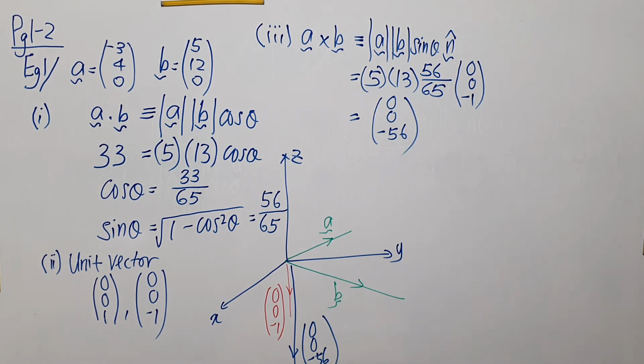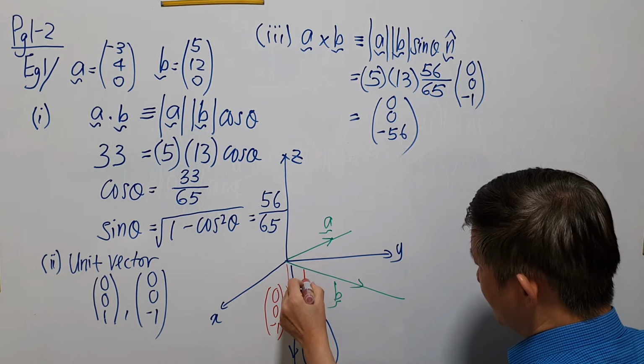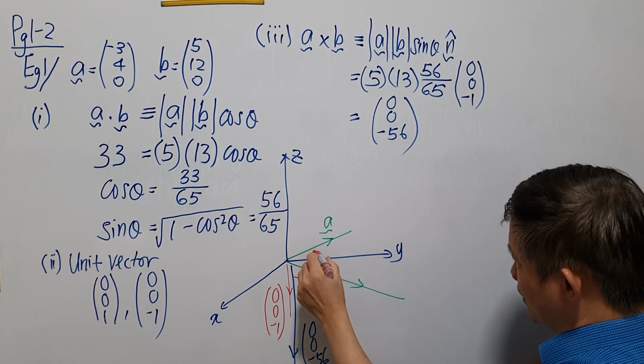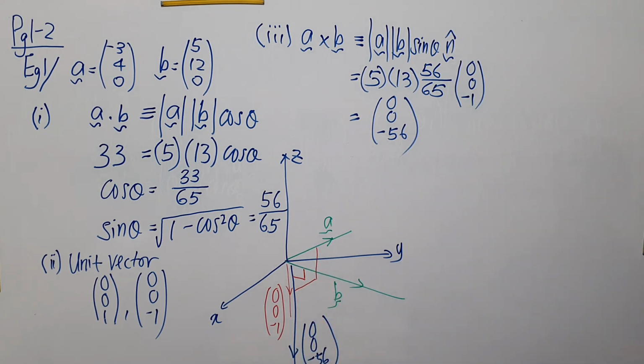Because of this, it is not hard for you to see that this resulting vector is also perpendicular to B and also perpendicular to A. I'm going to draw it. I hope that helps. So this resulting vector of A cross B is a vector that's here, and it is perpendicular to both B and A. So this is your so-called part 3.